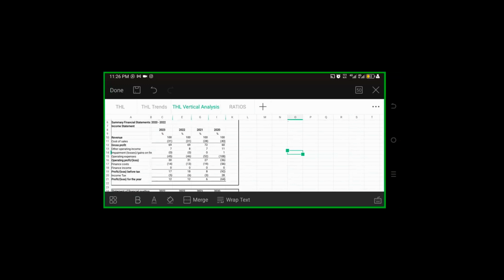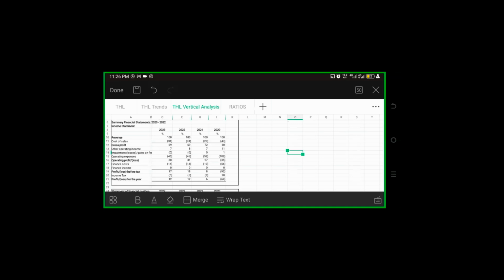And like you all know, common size means we are converting each of the items on the profit or loss account as a percentage of revenue. So what you see is that revenue will be 100%. Now, if you look at the cost of sales in 2020, for instance, it is 40%.